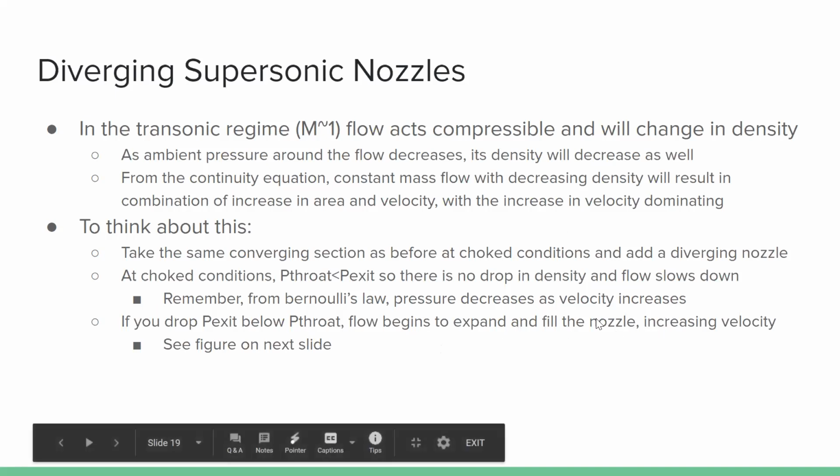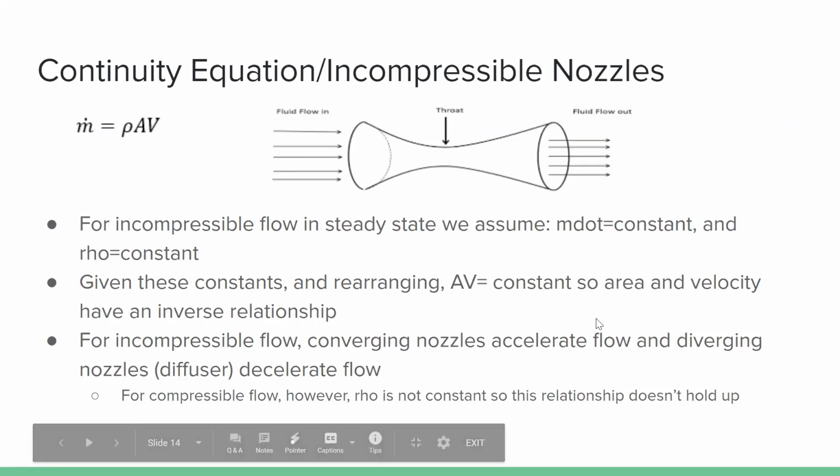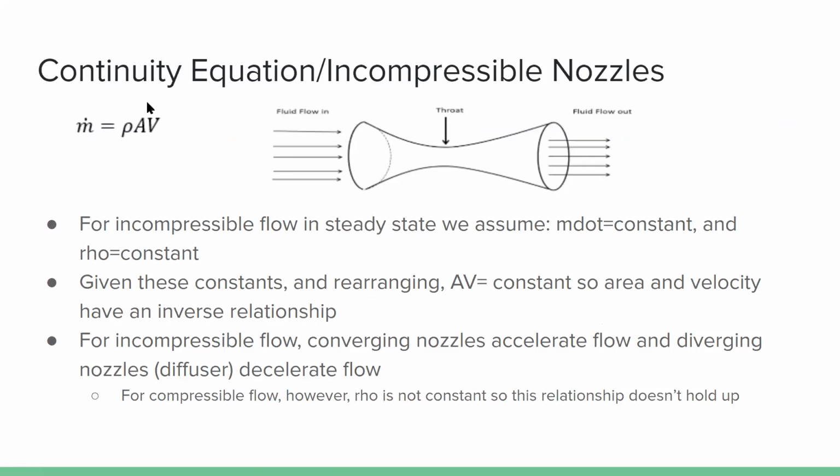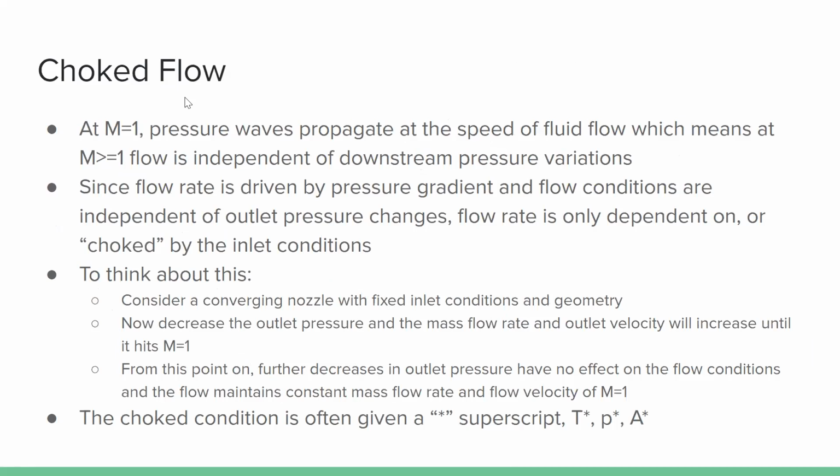And in the rocket nozzle, we designed the nozzle so that the way this relationship works out, the density decreases more significantly than the area increases. So you have this velocity term increase.